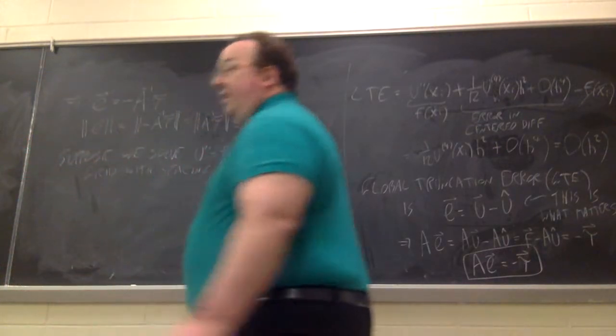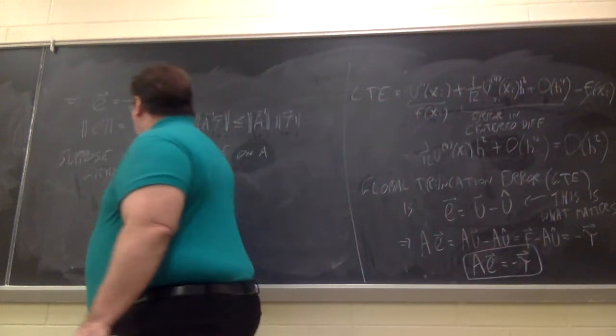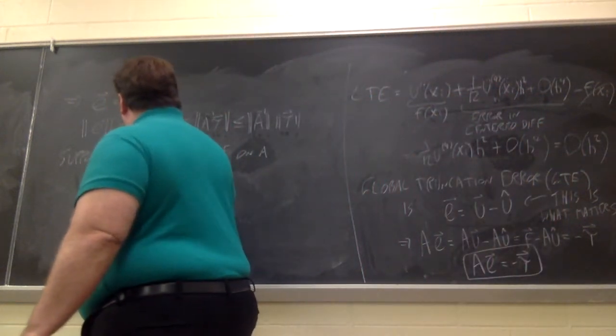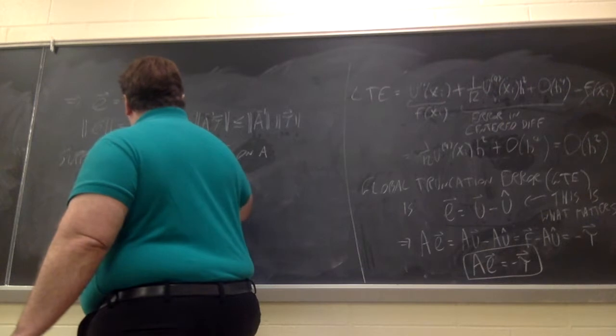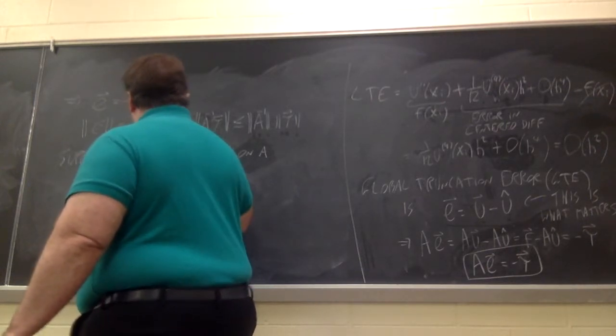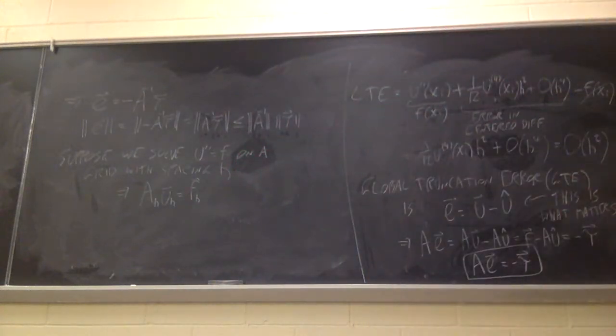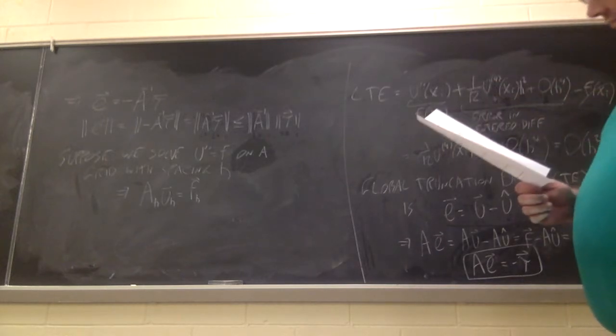Now, this leads to a system of equations. I'm calling this AU equals f, but I'm going to put a subscript h on all these entities just to emphasize that we're working on a grid of spacing h.